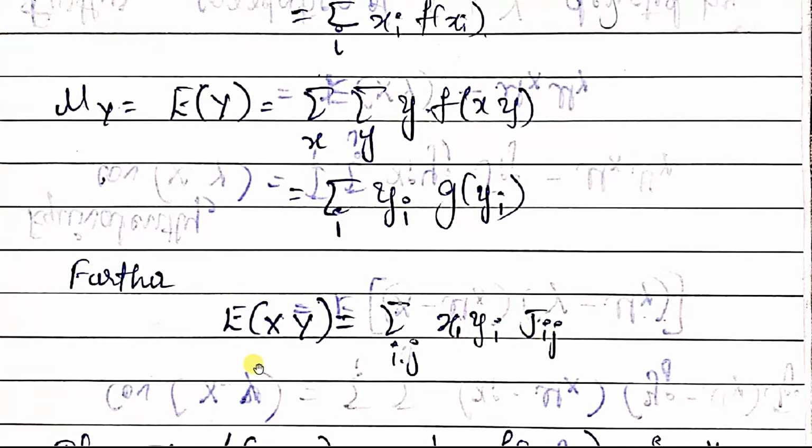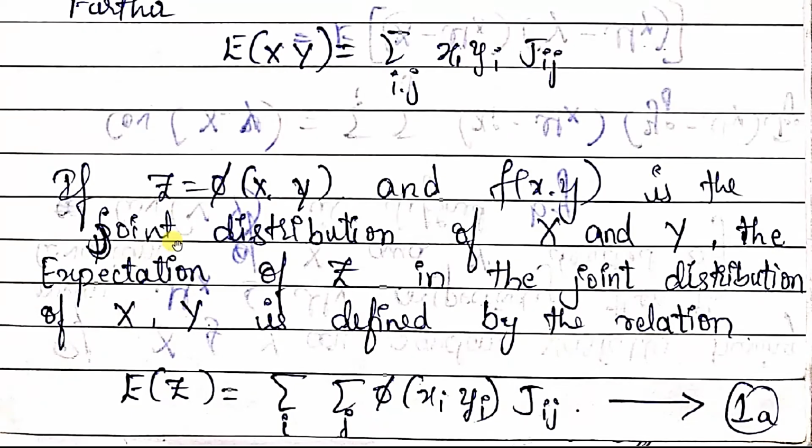This is quite important, you have to keep it in your mind, because we are going to use this in solving problems. Expectation of xy is equal to summation i comma j x_i y_j f_ij.